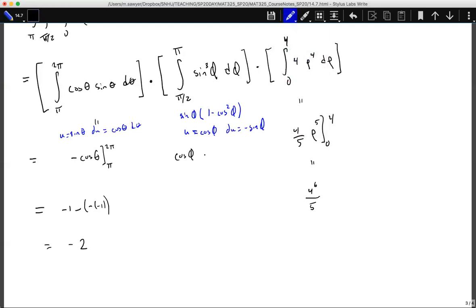we need a negative out front. So negative cosine of phi du, minus 1/3 cosine cubed of phi.